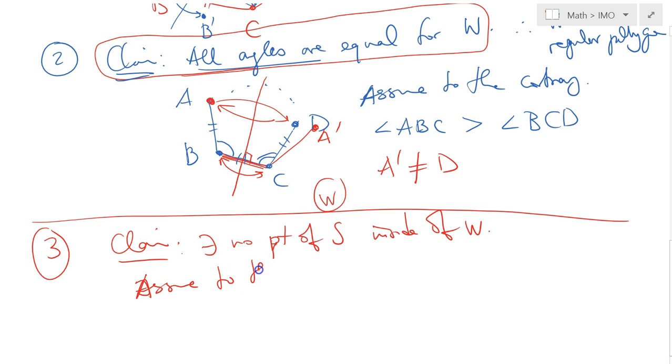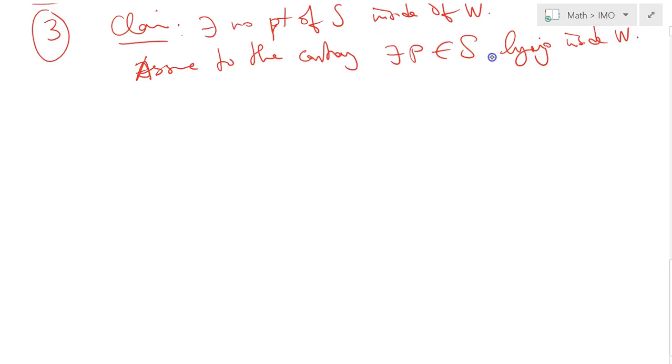Assume to the contrary that there exists a point P in S which is inside W. And now the proof is simple.